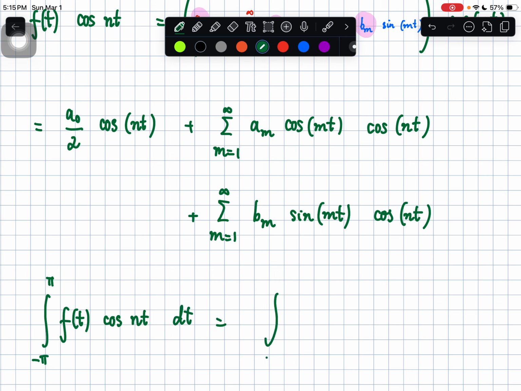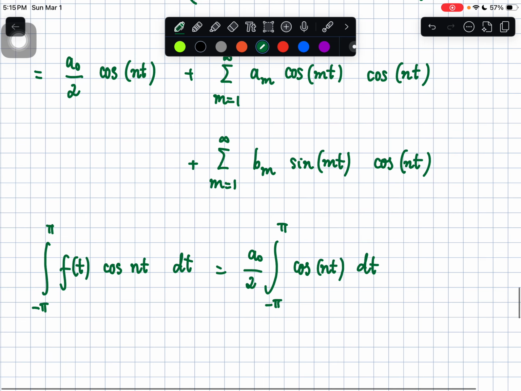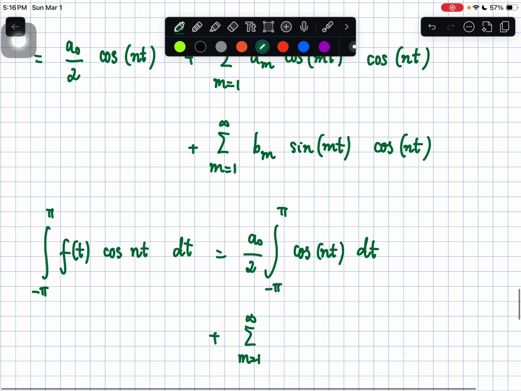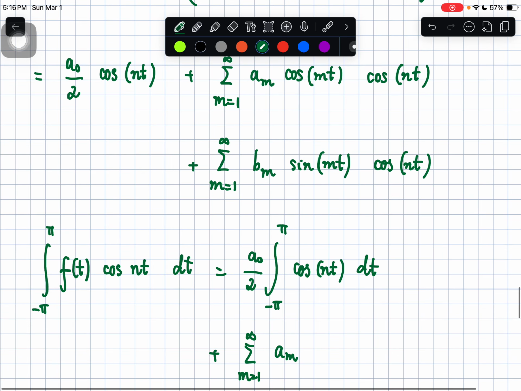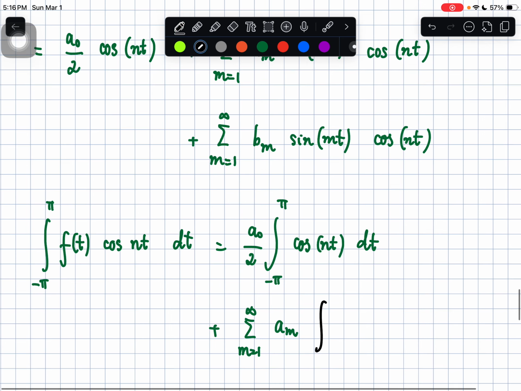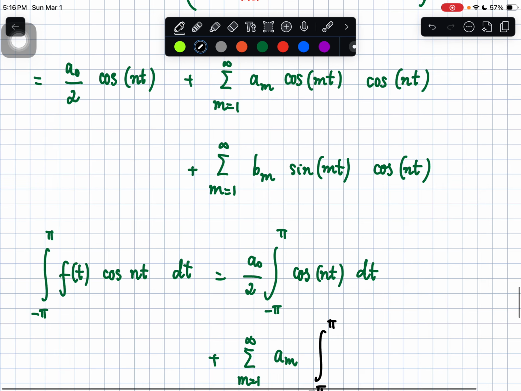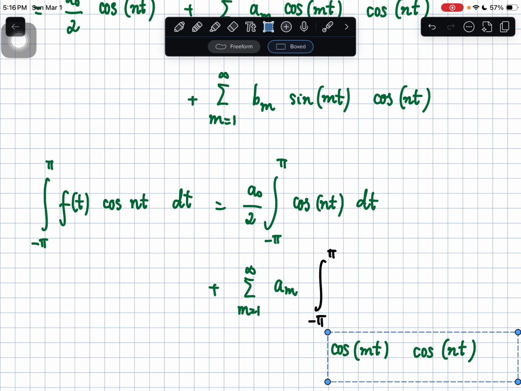First term here: a0 over 2, just a number, I take it out, integral of cosine nt dt, plus, so I do the integral term by term. m from 1 to infinity, am is just a number, it doesn't depend on t here, so I can take it out of the integral, integral from minus pi to pi of cosine mt cosine nt dt.